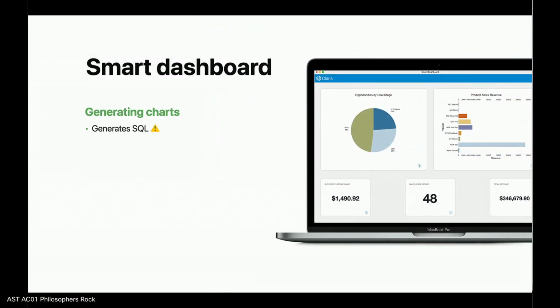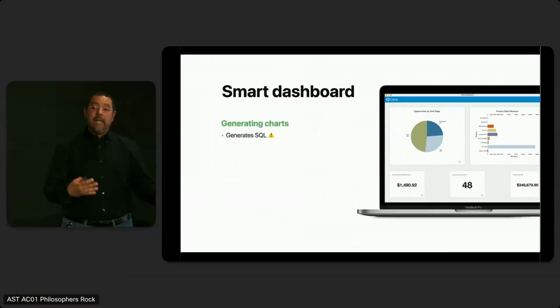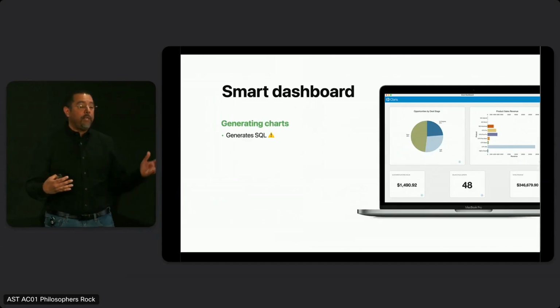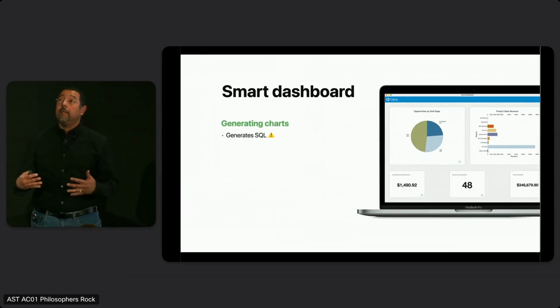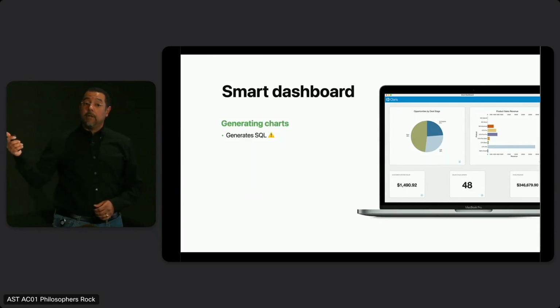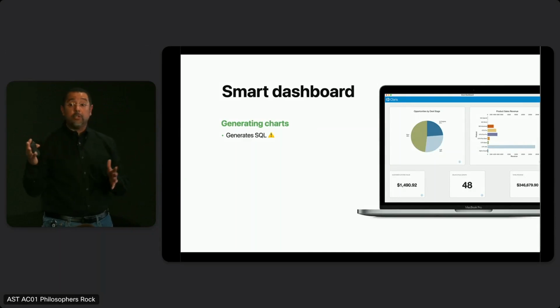Warning here. This is a huge challenge in the AI community, taking natural language and generating SQL. The reason is you have to be careful because you have to validate it a lot. It's not that it can't write SQL, it's that you have to make sure that, one, it's valid, right? There are no syntax errors. A little typo in SQL means a big deal.